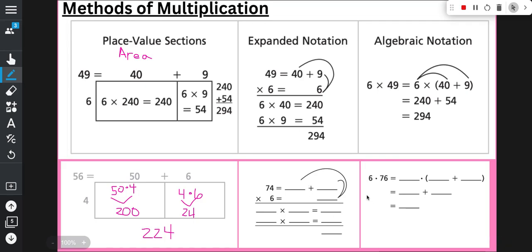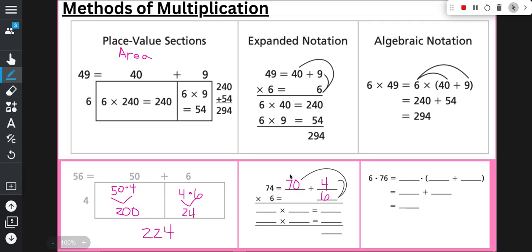Okay. The next method is expanded notations method. This one is doing the same concept of these boxes, but with a little bit less of the boxes. So we first take our 74 and we're going to expand it, just like we would have on the top of a box. And then 6, since it's a single digit, it stays a 6.